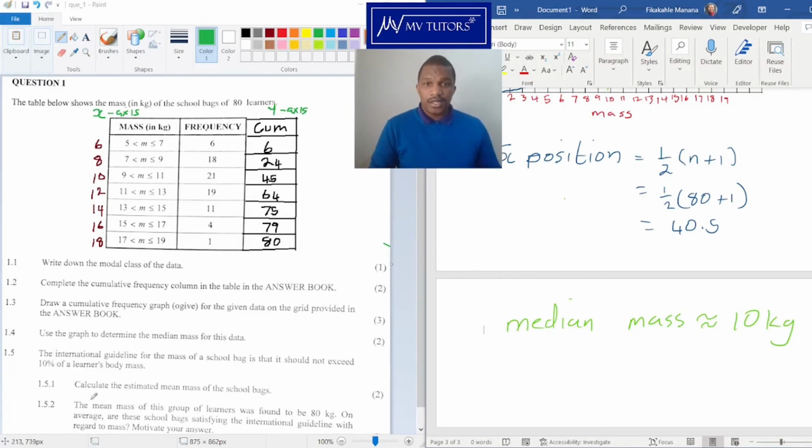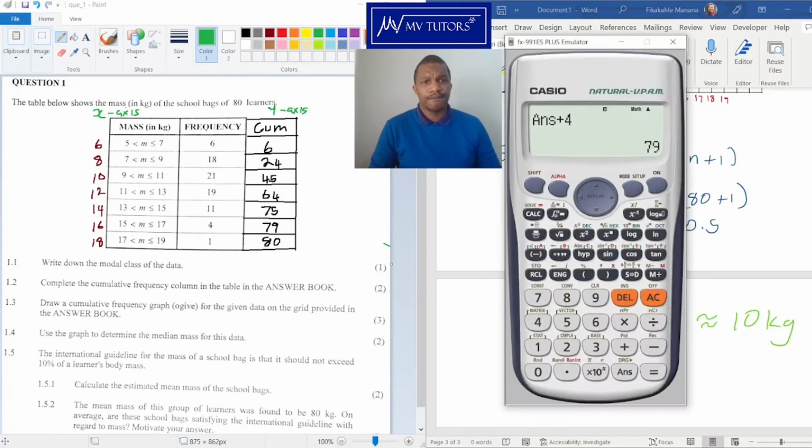Okay. Now it says calculate the estimated mean mass of the bags. Well, there's basically two ways of doing this. You can use a calculator or you can do it by hand. Let me show you both. Let's start with the calculator.